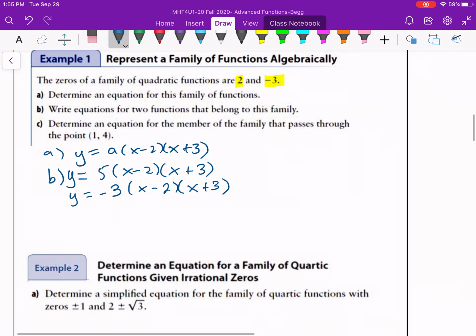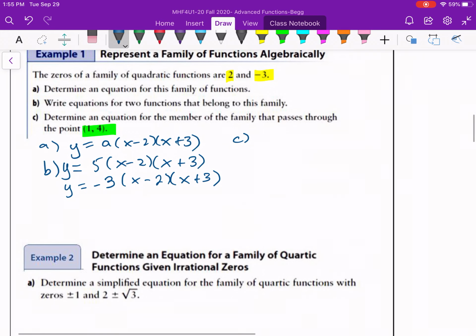Determine an equation for the member that passes through (1, 4). Okay, this is the point we've been given, just like we did in a previous example. We have to plug that in for x and y. That makes y 4. And I'm going to calculate what a is. This time it's not an x-intercept, so I have to put 1 in for x.